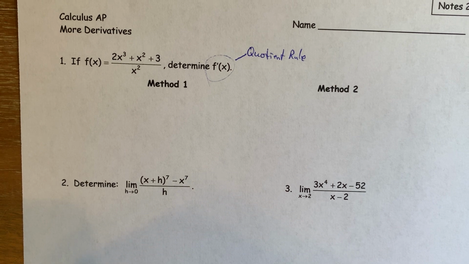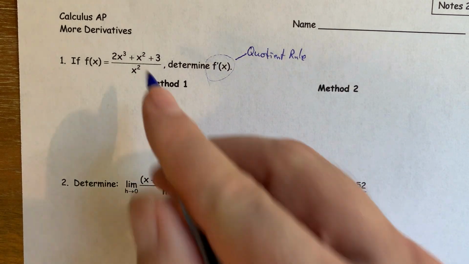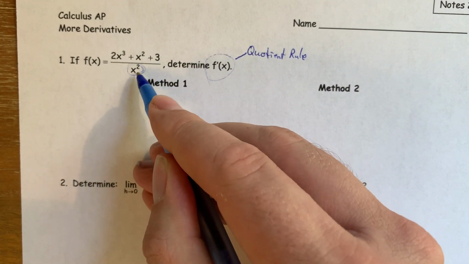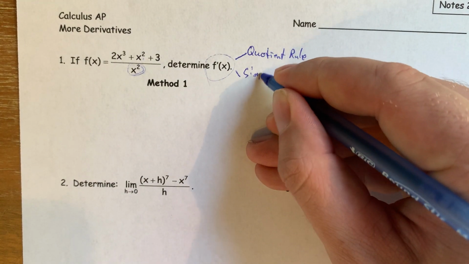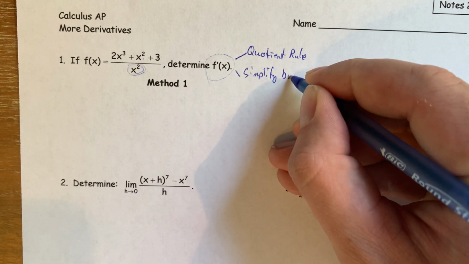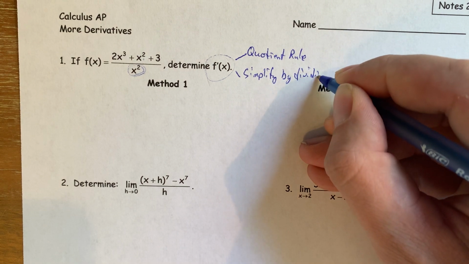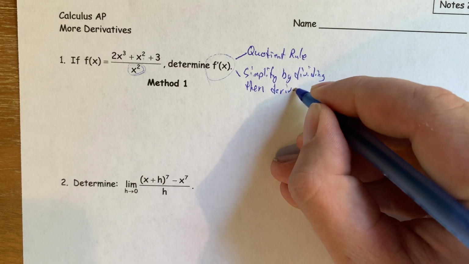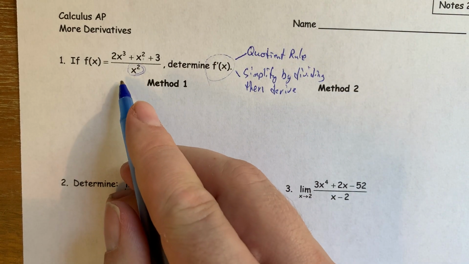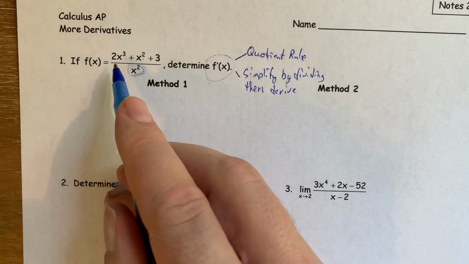Or the easier way: remember, you should be able to avoid using the quotient rule whenever possible. And because there's just a monomial in the denominator, where it's just one thing, we can simplify first by dividing, then do the derivative. Okay, so let's do the quotient rule first.